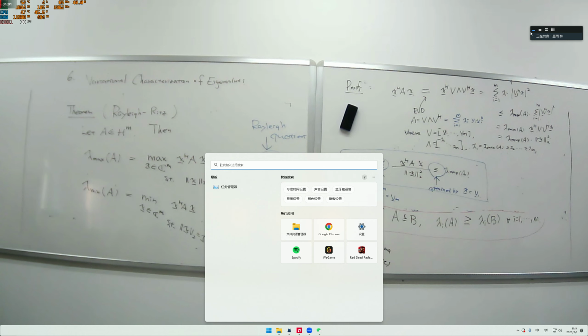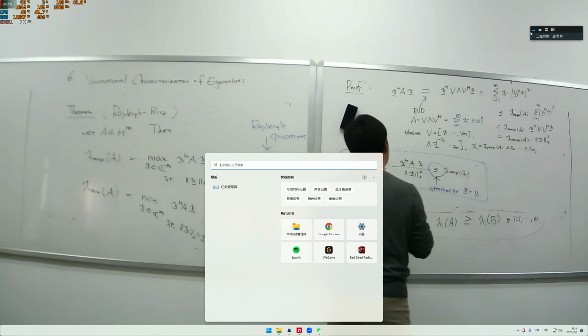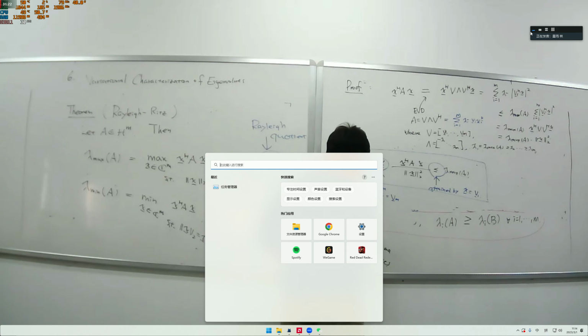How should we represent those? So this is for the largest and the second largest. Then how about the others?